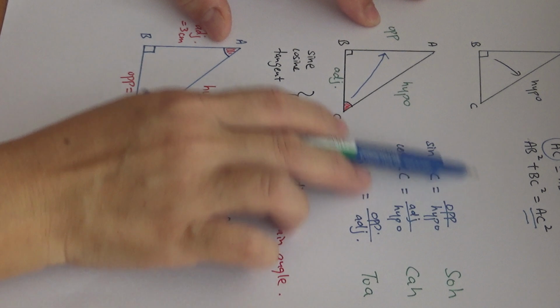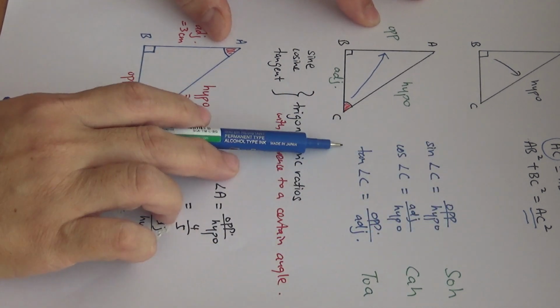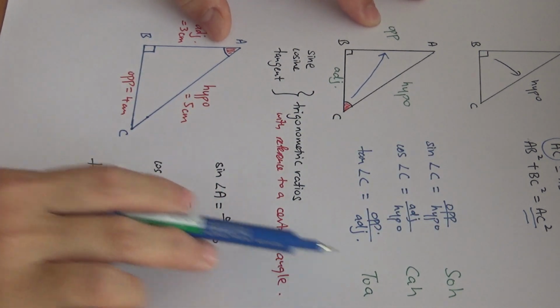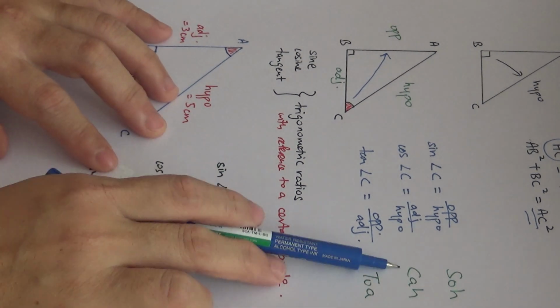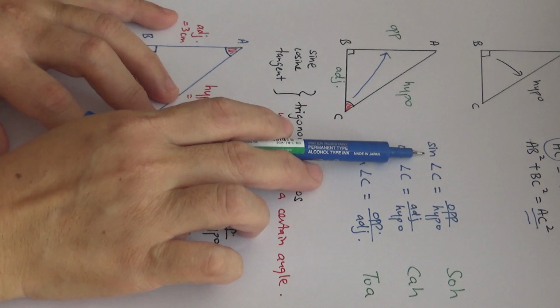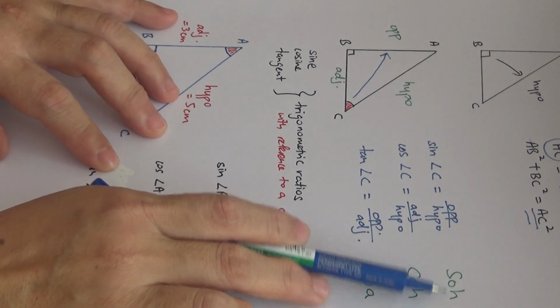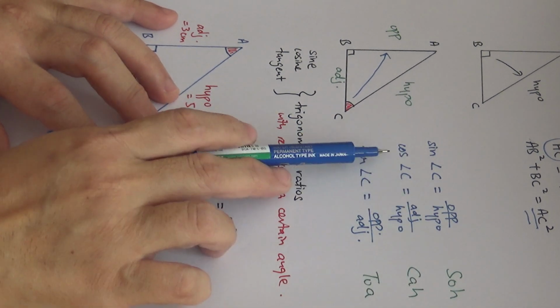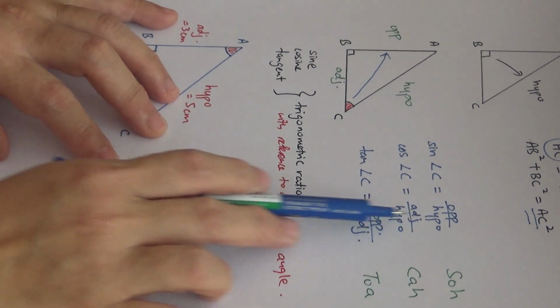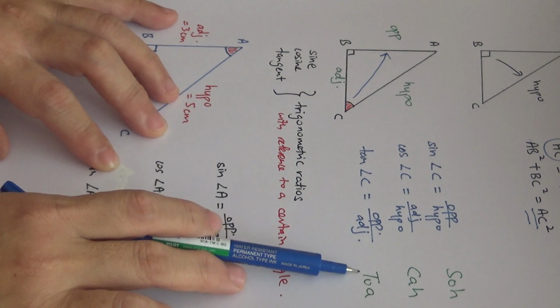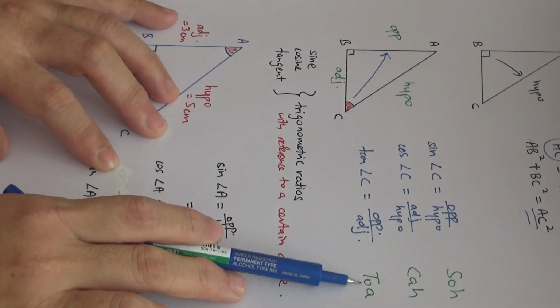Now, some people may find that it's difficult to memorize this, so there's a short form that we can use, and that is called the tuakaso. That means for sine, S is opposite over hypo. For cosine, C is adjacent over hypo. For tangent, it's tua, so it's TOA.